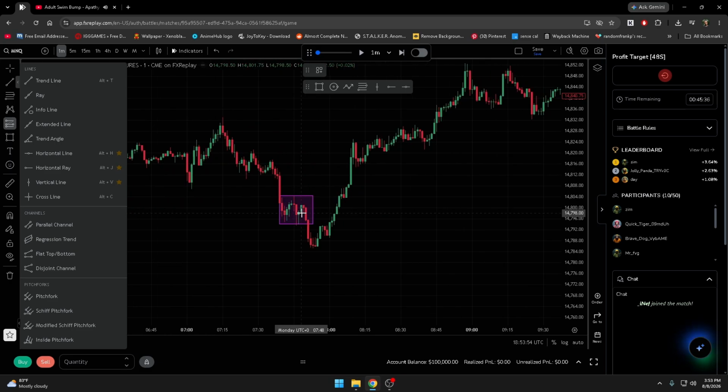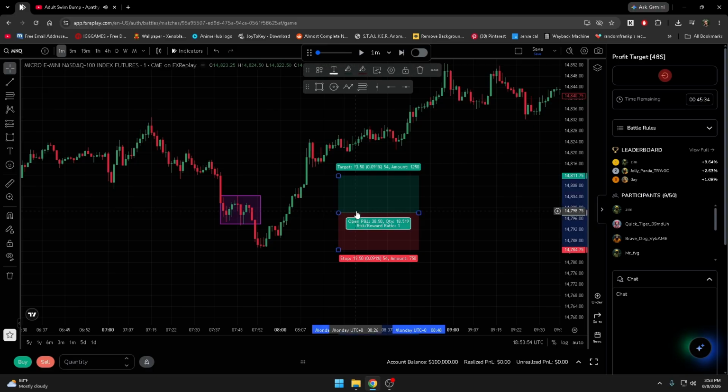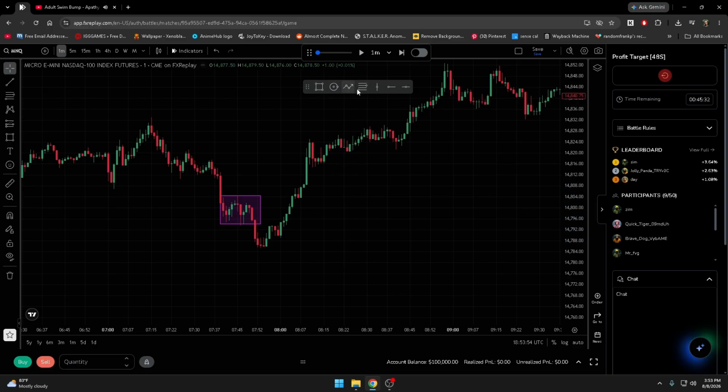So boom, all my tools: rectangle, circle, path, fib retracement, vertical line, horizontal ray, and horizontal line. Simple as that.